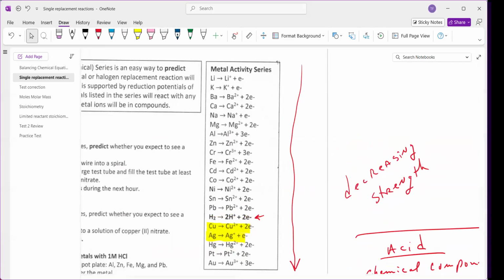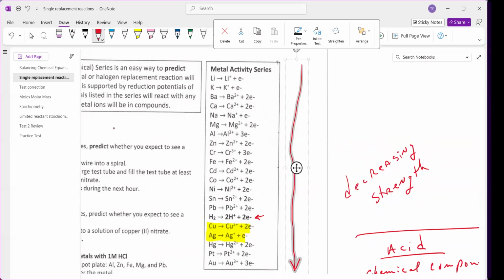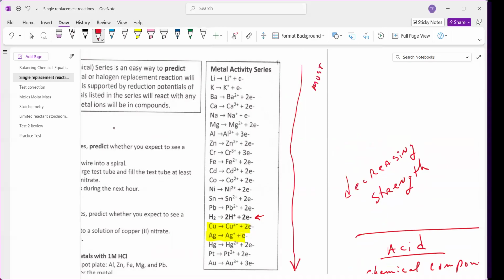This is called a metal activity series. At the top are the most reactive. The bottom are least reactive.